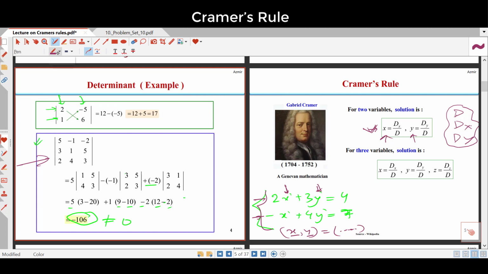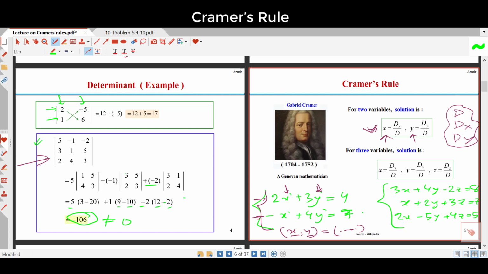Similarly, suppose we have equations like this: 3x plus 4y minus 2z equals 8, x plus 2y plus 3z equals 7, and 2x minus 5y plus 4z equals 5.